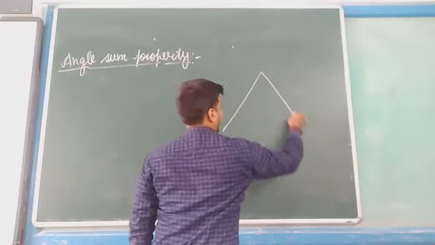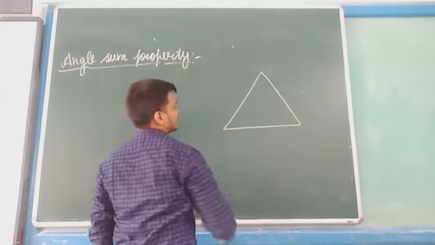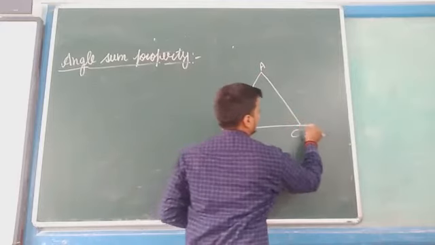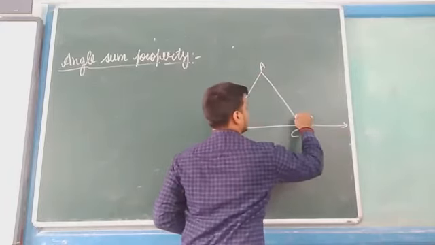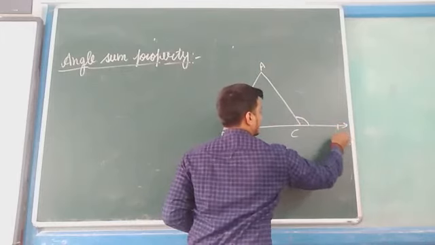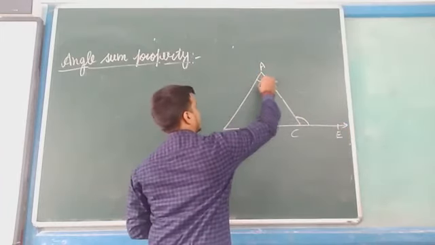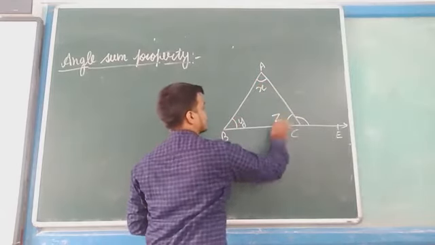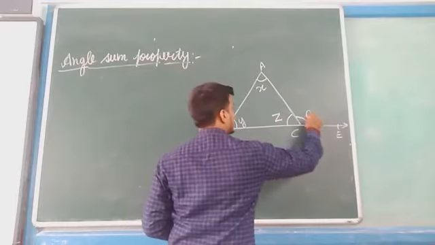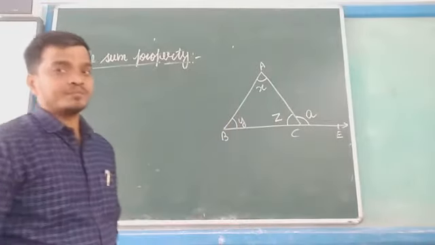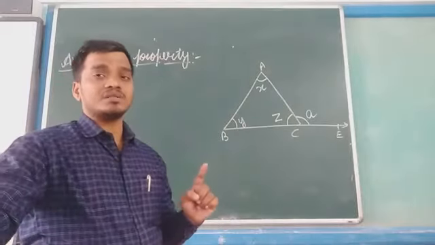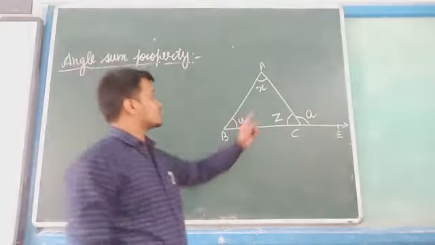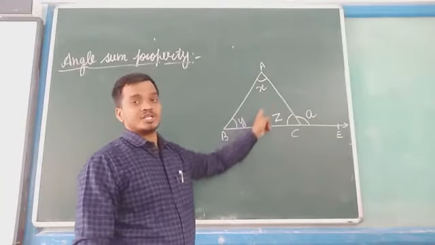Whenever you take any exterior angle of the triangle ABC, suppose this interior angle is X, Y and this interior angle is Z, and this exterior angle is A. So the exterior angle of the triangle is always equal to the addition of the opposite two interior angles.